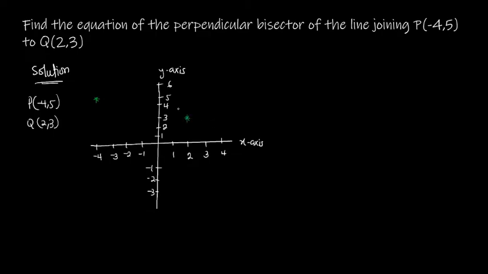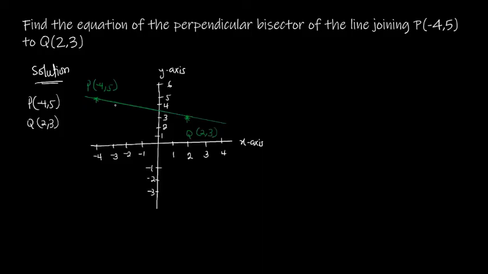So I can now go ahead and join these two points. Okay, right, so don't mind my imperfect line. So this is my point (-4, 5), and then my second point Q, which is (2, 3).